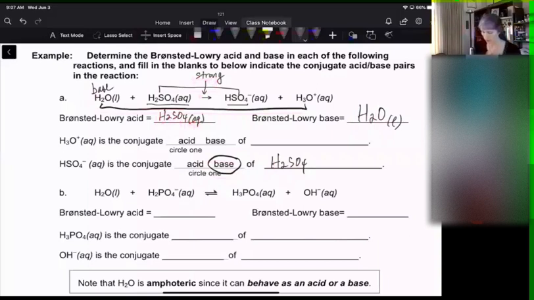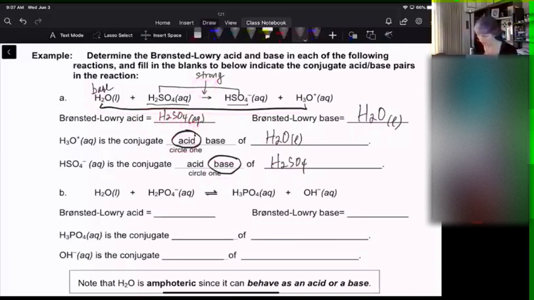Then H3O+ is what, an acid or a base? It's definitely an acid. It has the extra proton. And that's actually what we define as acid when we calculate the pH. So this is the conjugate acid of water. So there's a relationship there where they differ by just 1 proton.